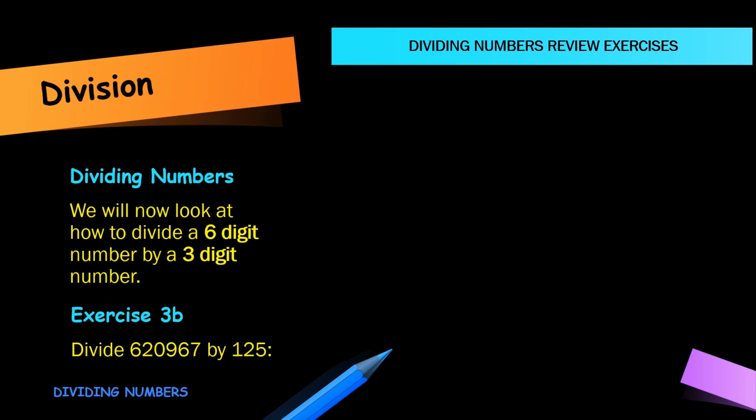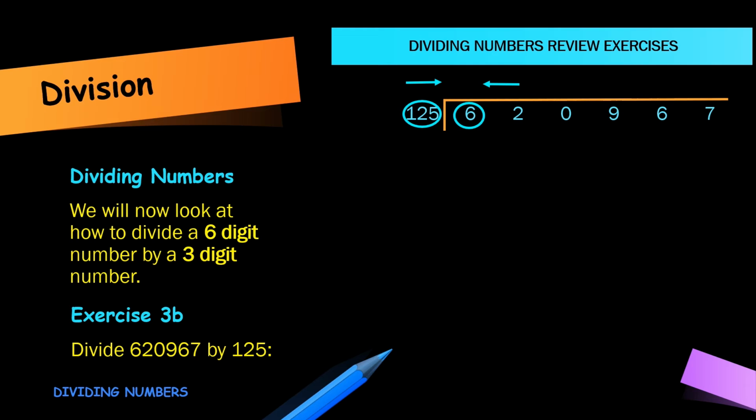Let's now have a look at exercise 3b. Divide 620,967 by 125. Set up the division as shown. Begin on the leftmost side, so check how many times 125 goes into 6. Clearly there are no 125s in 6, so we put nothing here.